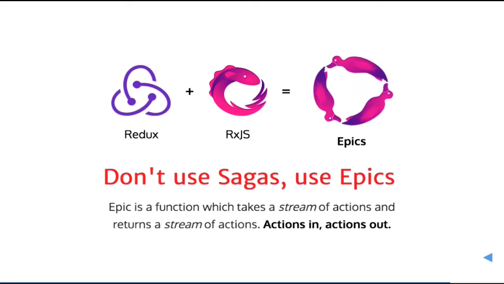When I first encountered sagas and the entire question of dealing with async actions in Redux, I looked at sagas and thought about it as a new level of magic that I need to grow up to understand.